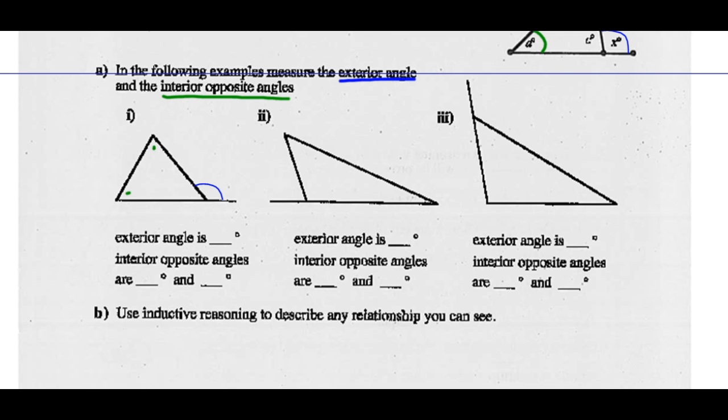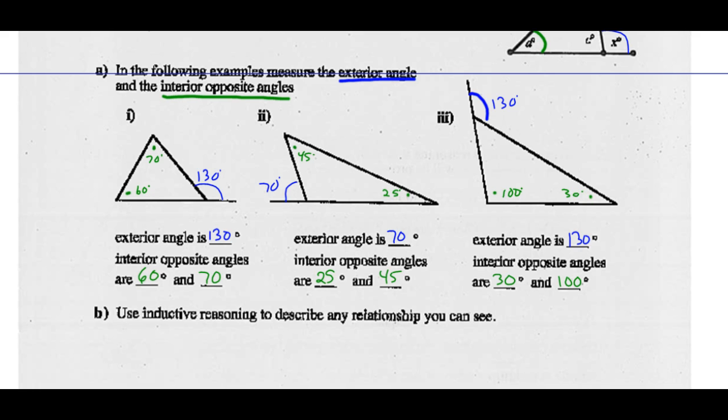This one's called the exterior angle. So in each case, measure the exterior angle and the two opposite interior angles. So away you go, pause the video and measure those, record those measurements.